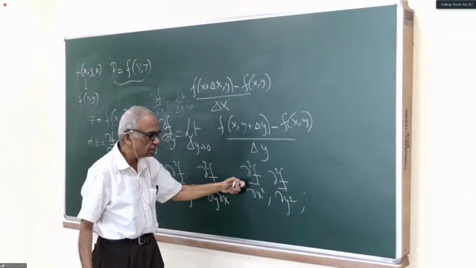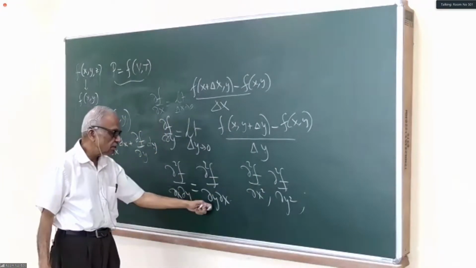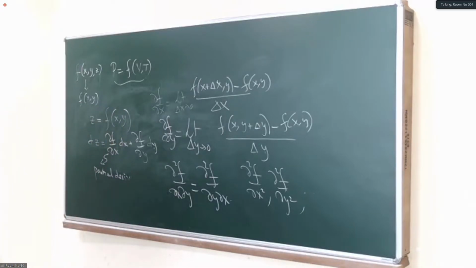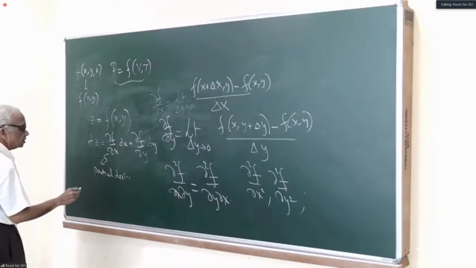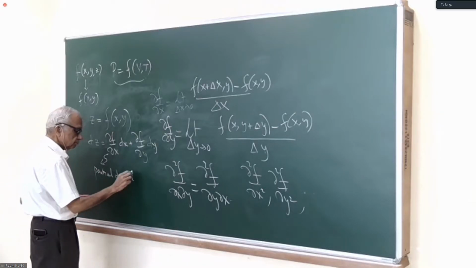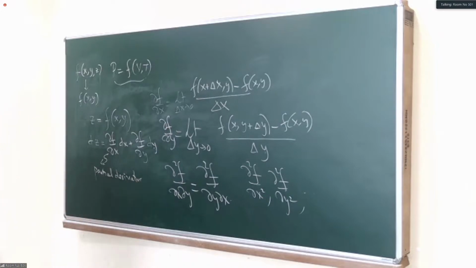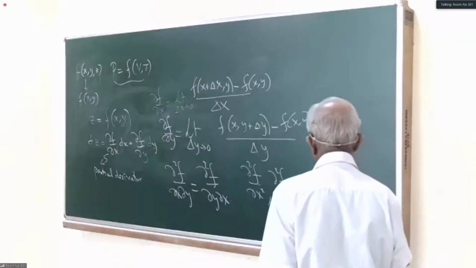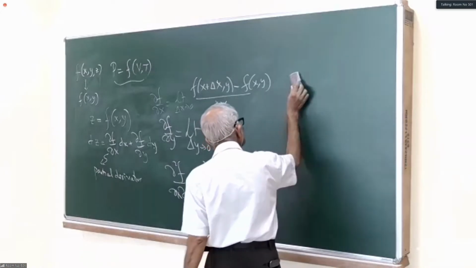You get this and this, and it does not matter whether you take delta x going to 0 first, or delta y going to 0 first. So that's the function of two variables. This part is straightforward.